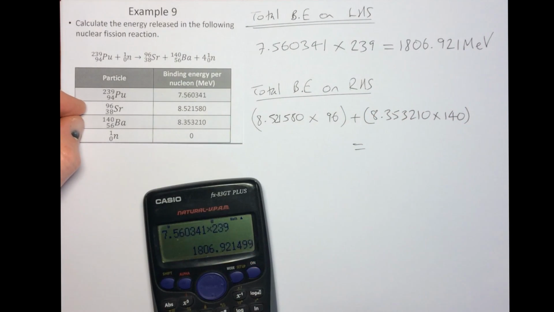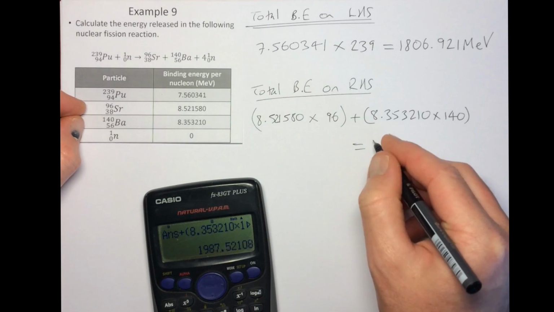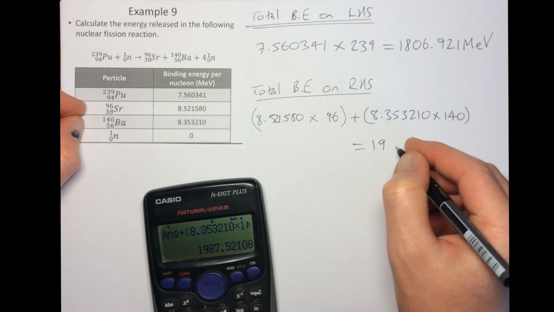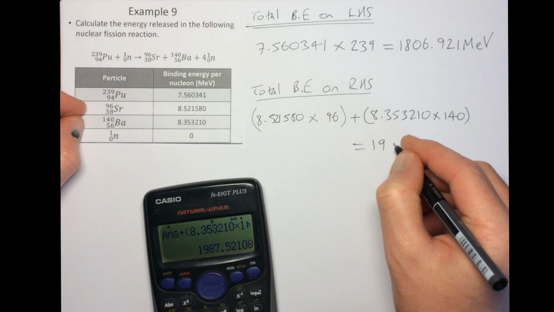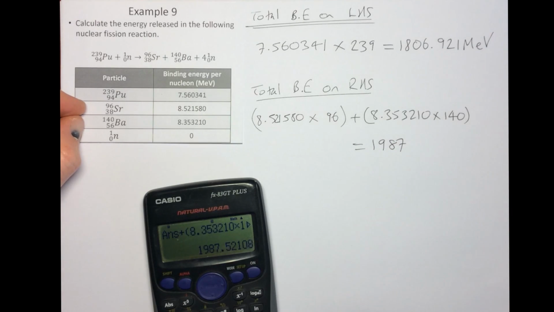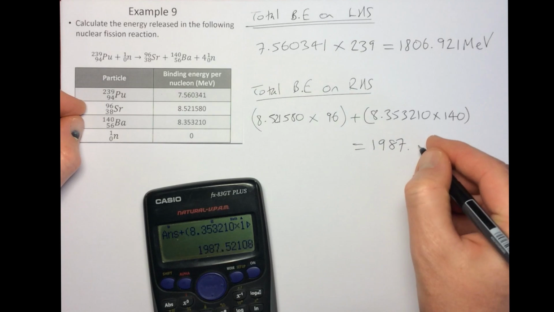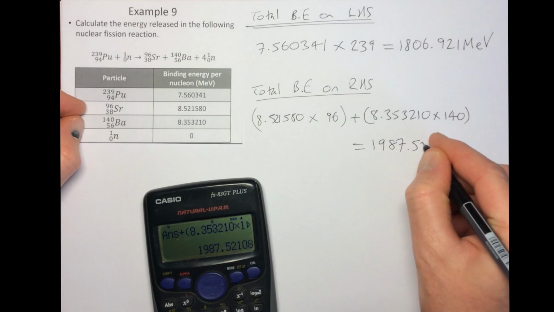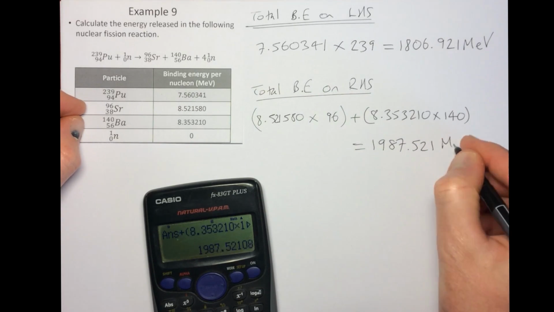So it's going to be 8.521580 multiplied by 96 plus 8.35321 multiplied by 140, and that gives us 1987.521 mega electron volts.